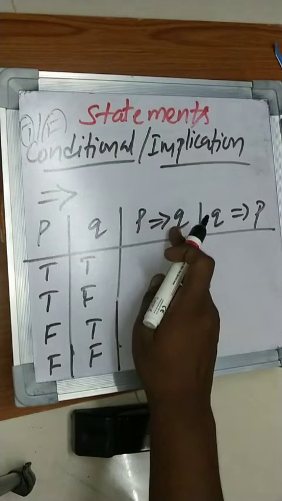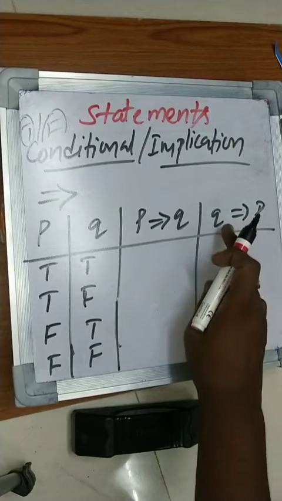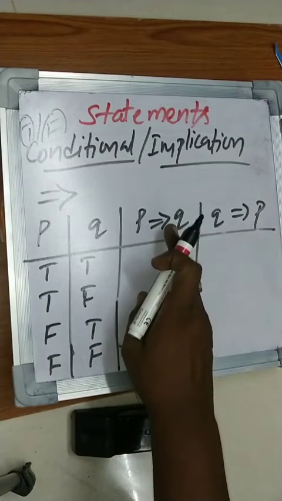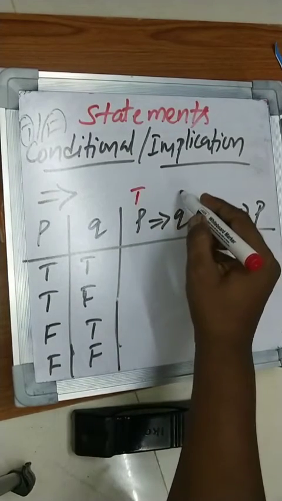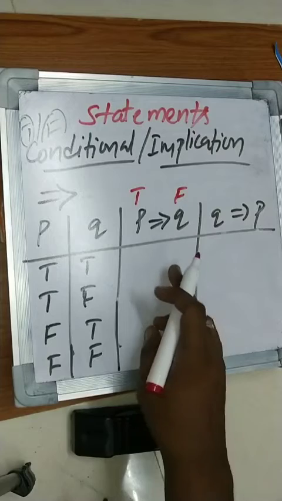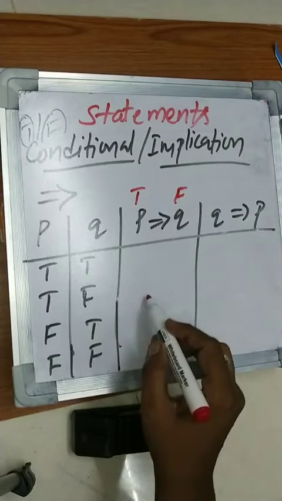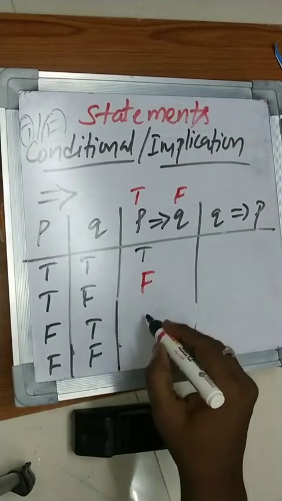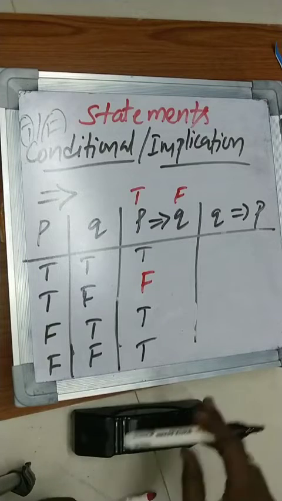In P implies Q, P is the first statement, Q is the second statement. In Q implies P, Q is the first statement and P is the second statement. Now as per P implies Q, you need to check where P is T and Q is F. That is the second case only. Here you will get false, and the remaining will be true. Now what about Q implies P?